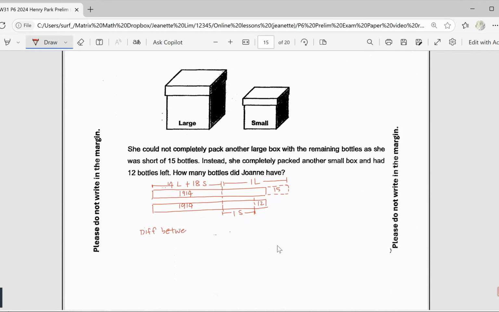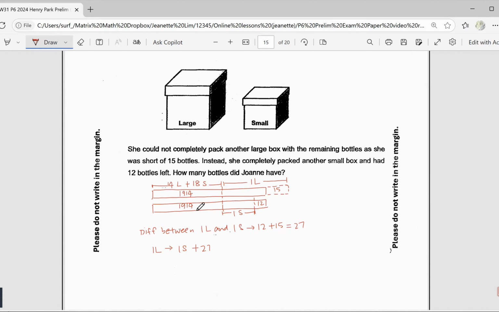Okay, 27. So every one large is actually the same as one small plus 27.